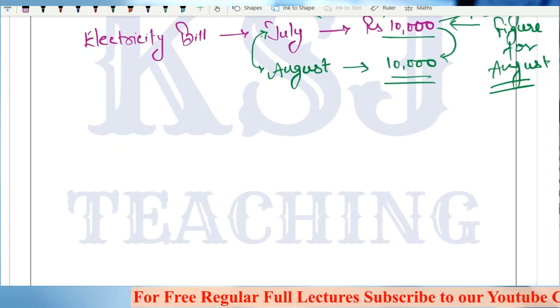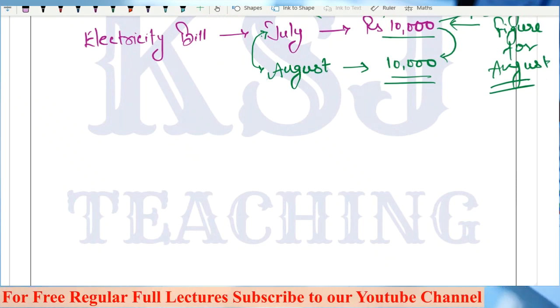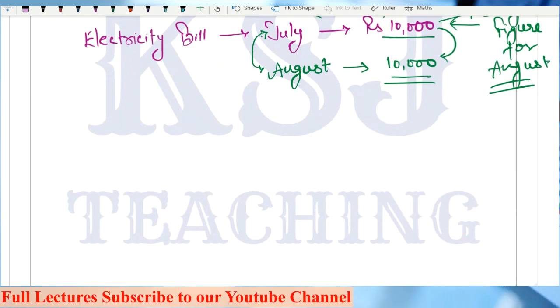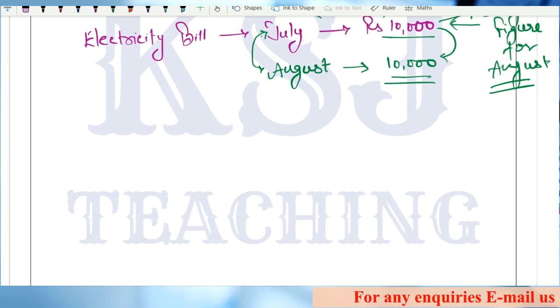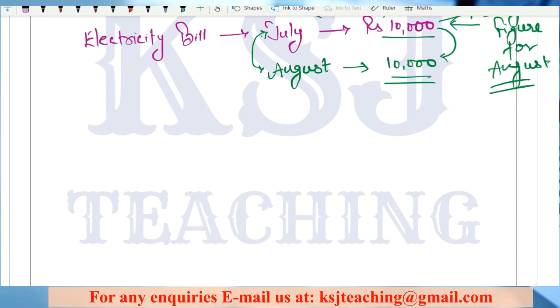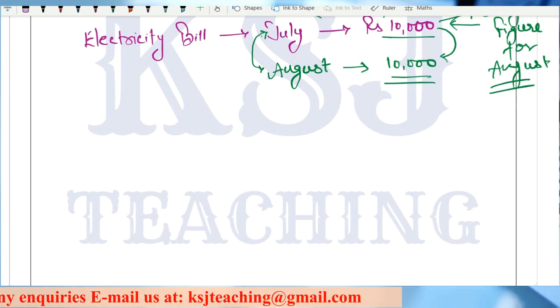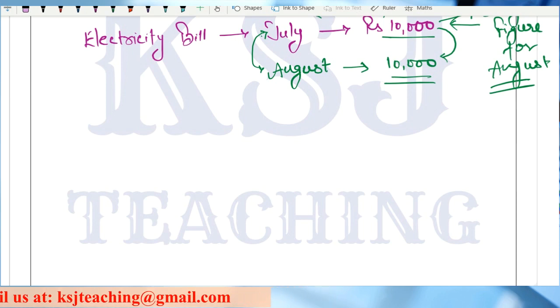Electricity bill in any home is one of the major expenses, isn't it? So your father has to plan for expenses at the beginning of the month. Just ask your parents whether they plan the expenses of the month, that this much money we have to keep aside for the month of August for the electricity bill.